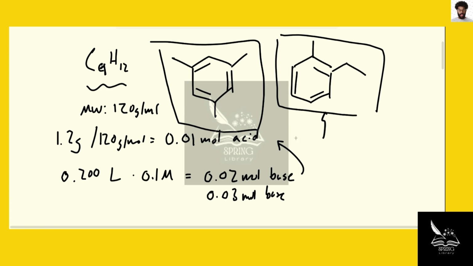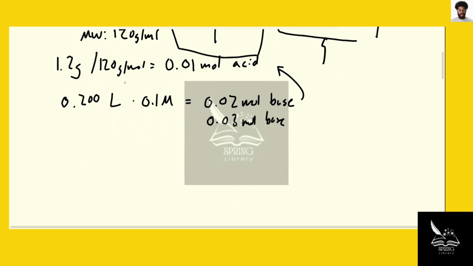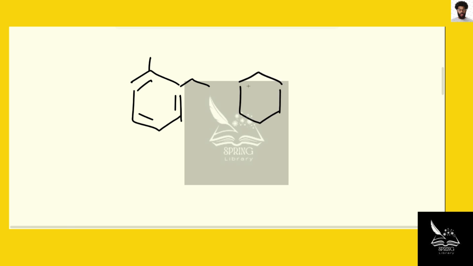Okay, so now we've got to decide where to put that ethyl and the methyl. So let's look at this. We can say methyl, ethyl; we could say methyl, ethyl; or we can say methyl, ethyl.